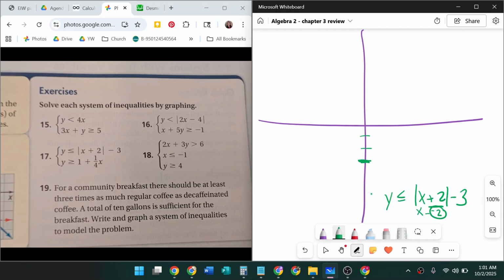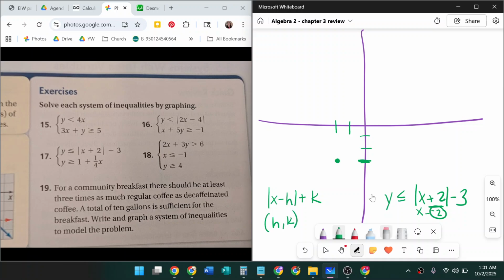This tells us we're shifting -2 to the right. In other words, we're shifting left. So 1, 2. So right here, this is our vertex. Remember, we have |x - h| + k, and our vertex is (h, k).